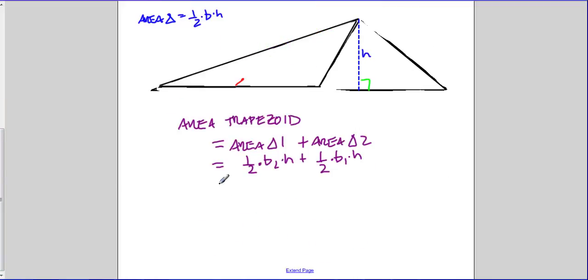And you don't have to, but I'm going to rearrange this as 1/2 times b sub 1 times h. I'm just switching these around the addition sign. I'm allowed to do that. Plus 1/2 times b sub 2 times h. So now let's take this formula to the next page.